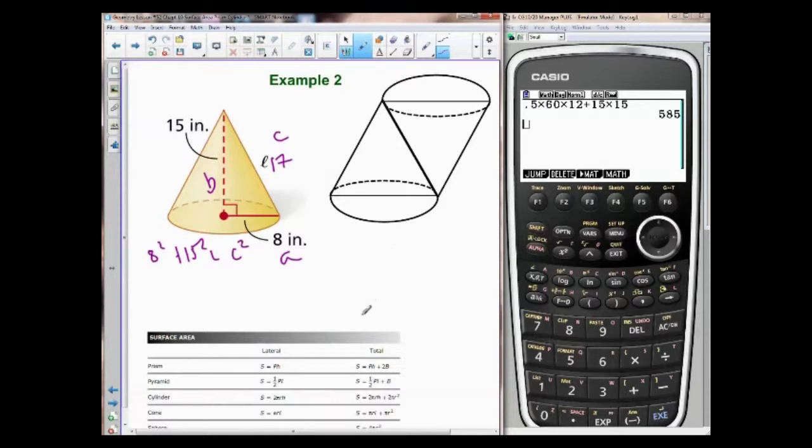Let's go ahead and write our formula down. And here's our cone right here. We're going to use total: pi r L plus pi r squared. Okay? And remember our cylinder. Take a look at the cylinder right here. Look at this formula and this one and compare.